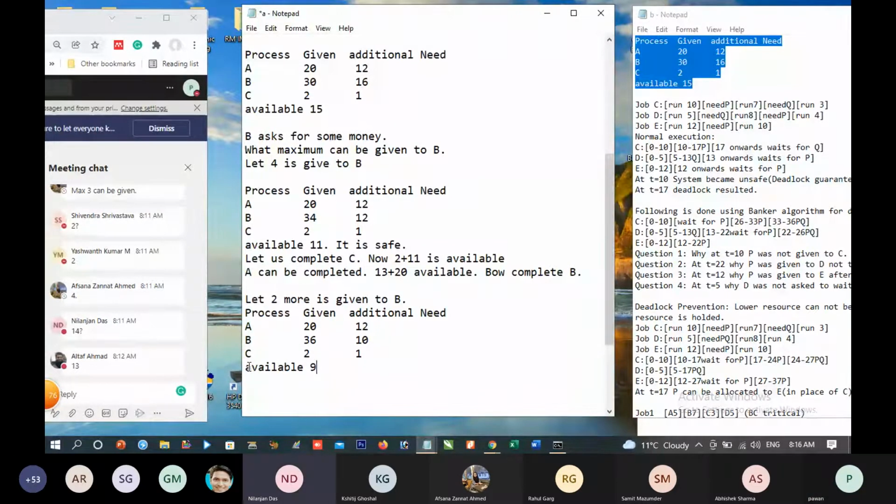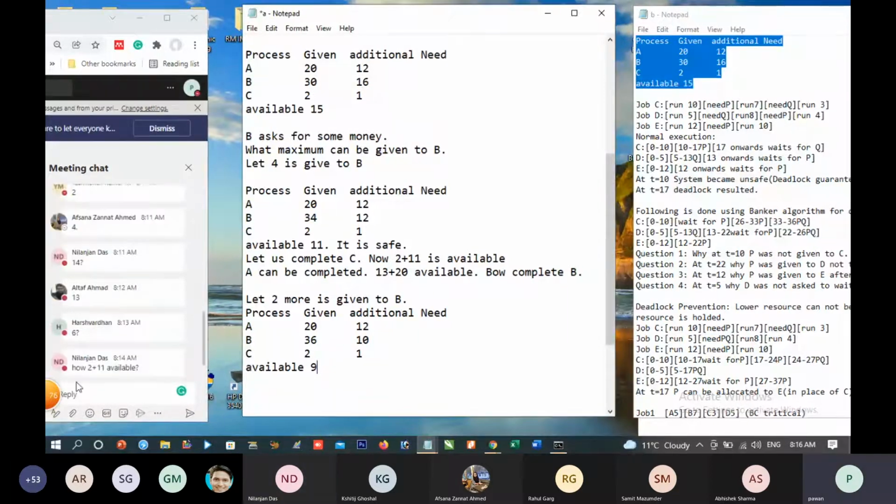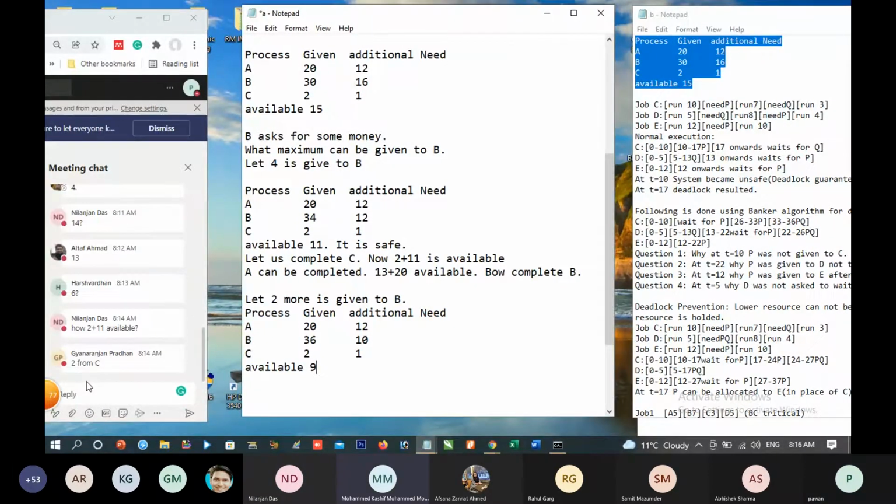Sir, can you scroll down? There are some questions. Sir, it is an unsafe condition, because 9 is available, how is 2 plus 11 available? You see, at present 11 is available. If A and B ask for their full amount, we shall deny. But we shall give that amount to C. C will complete.